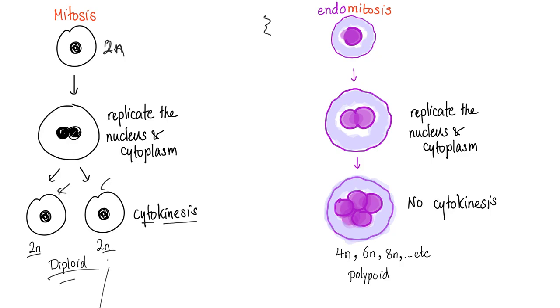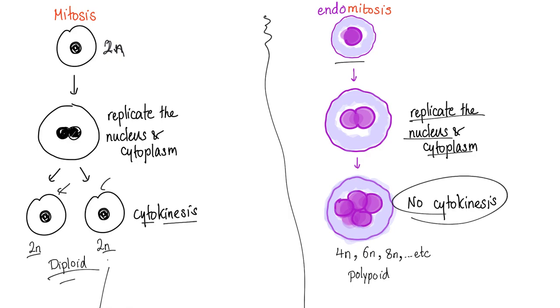Then, endomitosis, on the other hand, we're talking about the megakaryocyte. The megakaryocyte replicates the nucleus and the cytoplasm. However, there is no cytokinesis. The nuclear material just keeps dividing in one place. They do not divide into two nuclei. So when you have a big nucleus that keeps replicating, it's going to be polyploid, which means 4n, 6n, 8n.